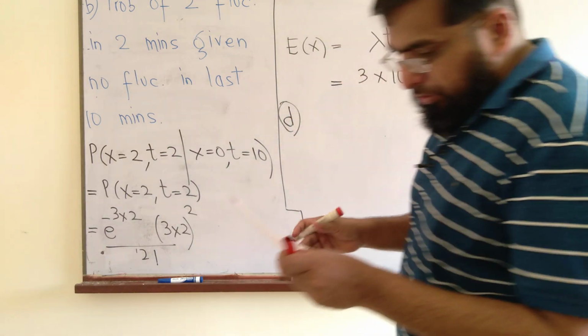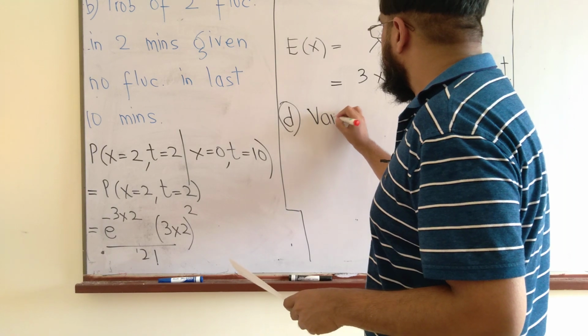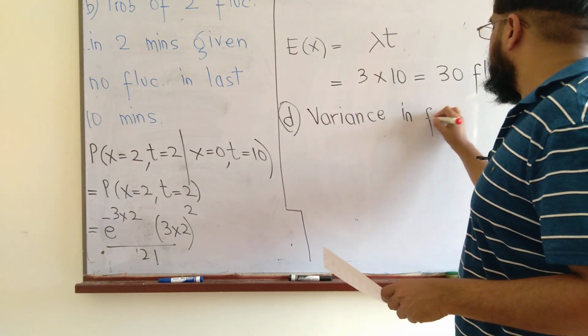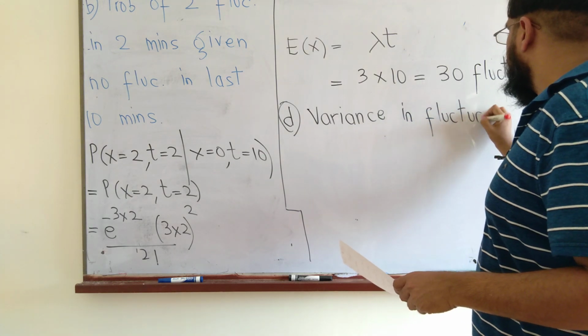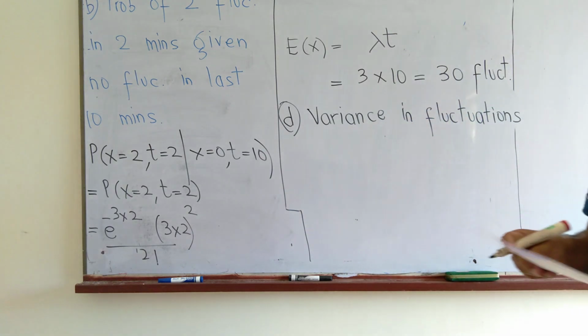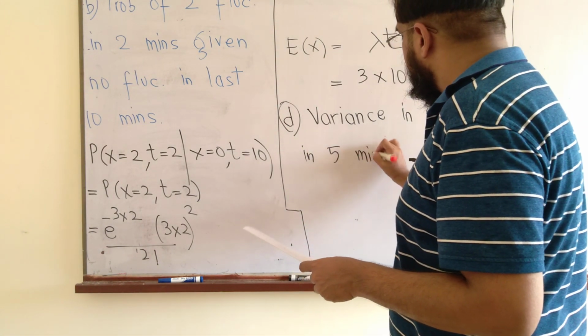And the last part of this example is we need to find out the variance in fluctuations in 5 minutes duration.